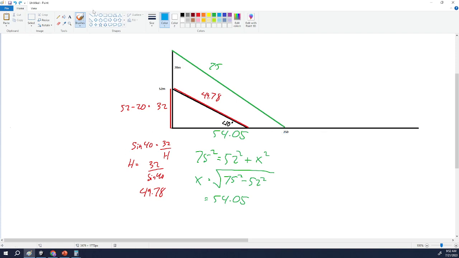We know that it is 250 from him to the tower, but we know that the effective range of the archer from the ground is 54.05. So what is this blue part? This blue part is 250 minus 54.05, which is 190.95.